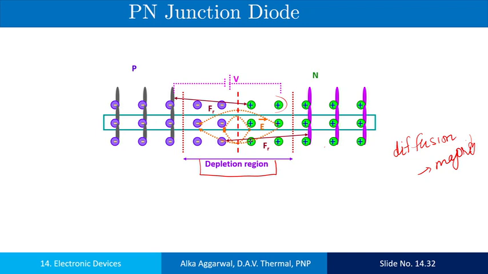That is, the electrons move from the p region to n and the holes from n to p. The motion of the minority carriers across the junction under the influence of the electric field developed in the depletion region produces a current called drift current.